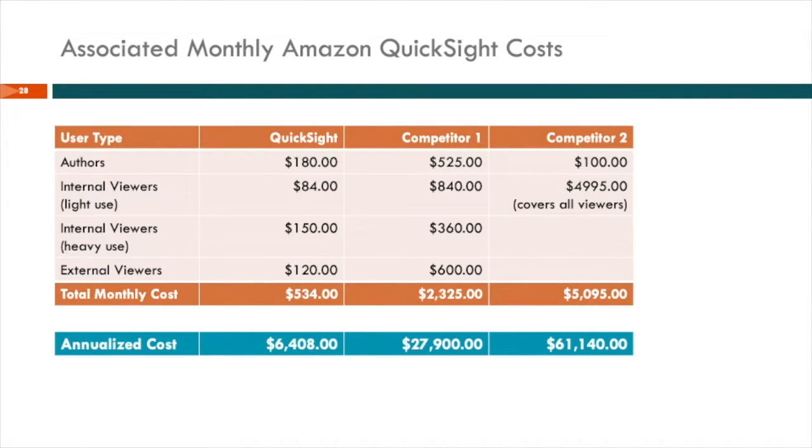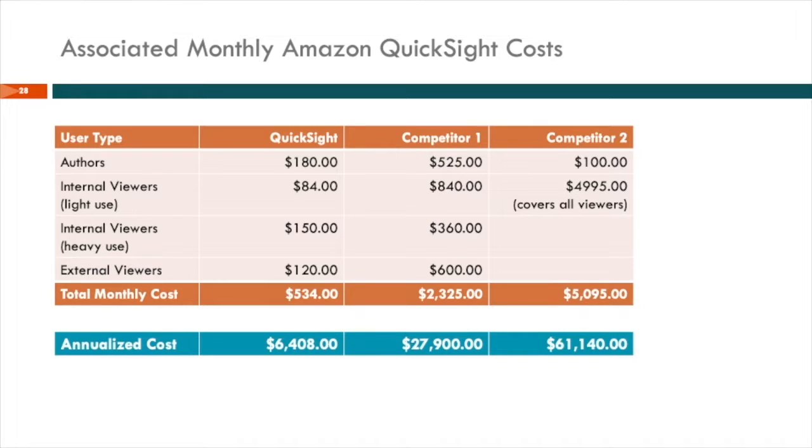Now look at it in the competitive marketplace. We're looking at a little over $2,000 and just over $5,000 for the competitors to get into that same thing. A lot of it has to do with how they tier their pricing, what their minimums are, and the fact that with some of them you have to purchase entire server instances to make that happen.